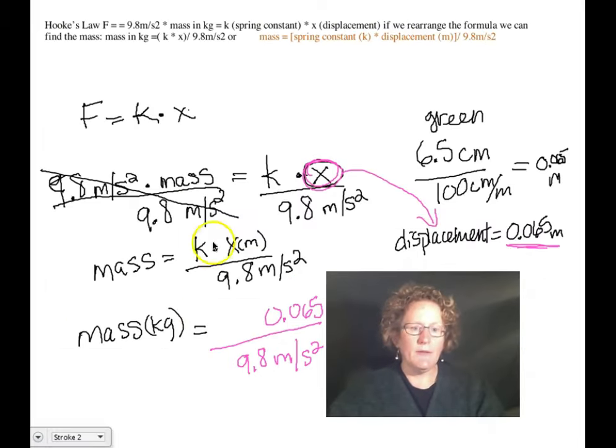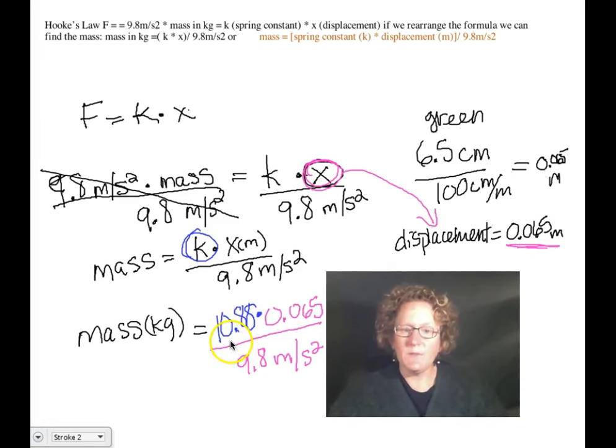So back to math land, and we're going to put our spring constant K in here, 10.88, and then use your calculator to multiply 10.88 times 0.065 and divide the remaining number by 9.8 meters per second squared to get the mass in kilograms of the unknown green cylinder.